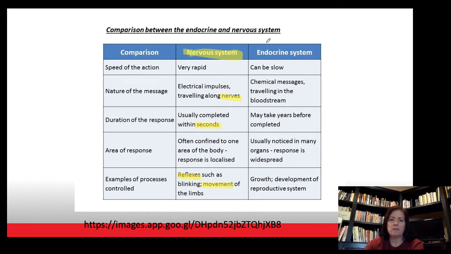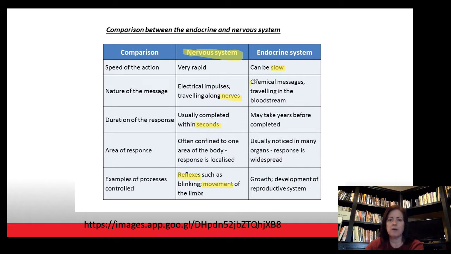If we contrast that with the endocrine system, it is another type of control system in the body. It's slightly different though, because its effects can be much slower. So it takes time for the processes of the endocrine system to actually happen.